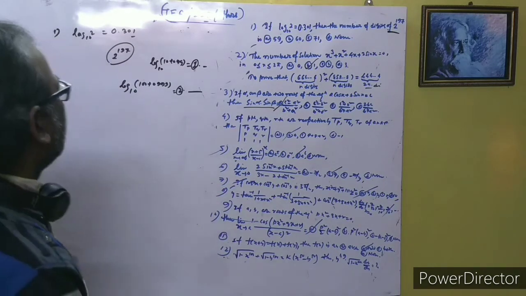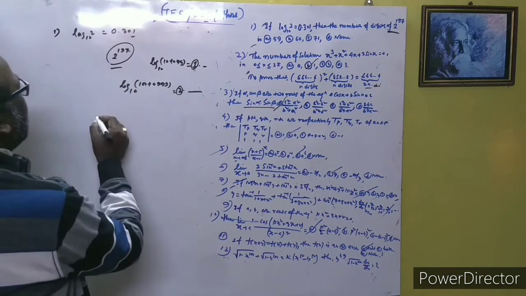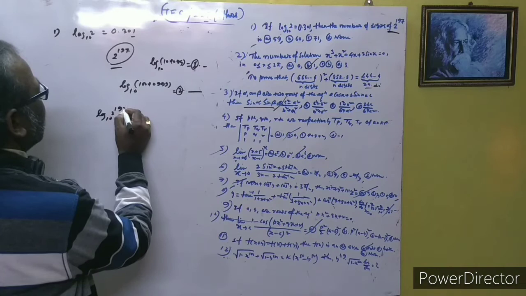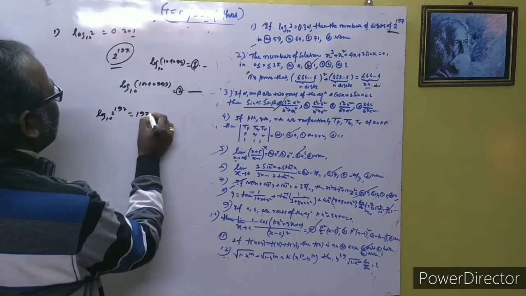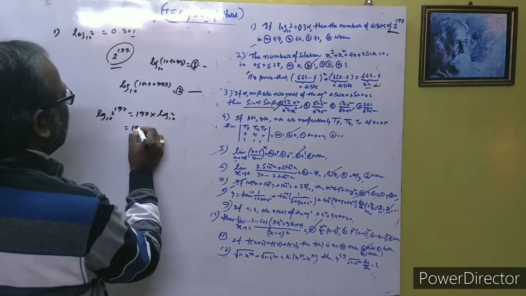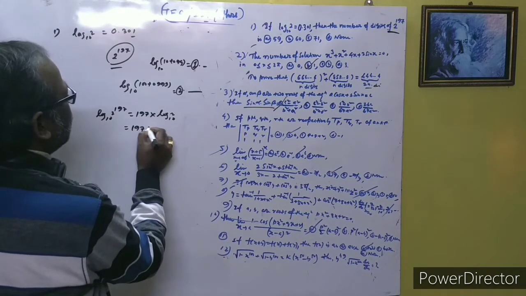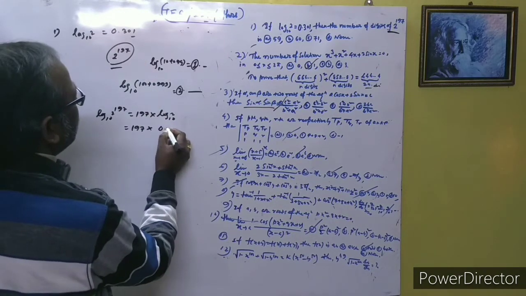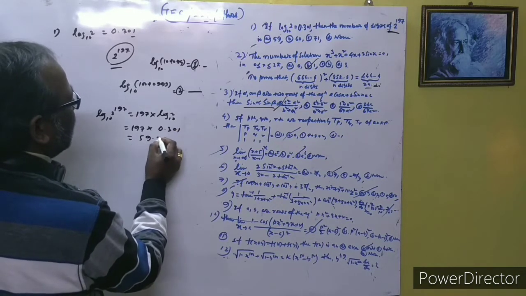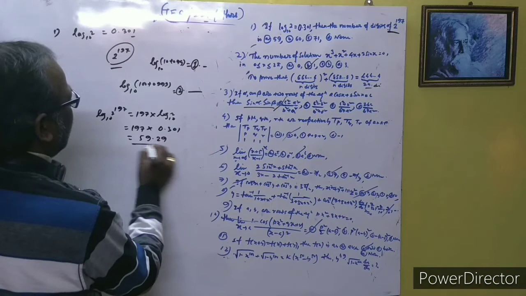One more thing. That's why if we take the logarithm with the base of 10 of 2 to the power 197, it is equal to 197 into log 2 to the base 10. Now 197 into this figure, 0.301. If we multiply, then we get 59.29 approximately.